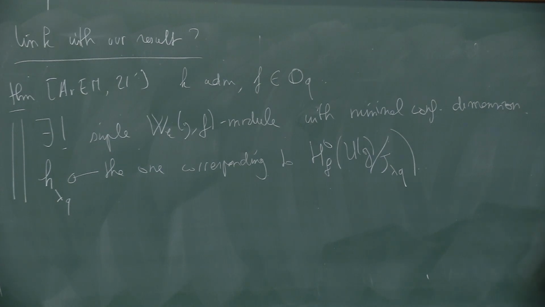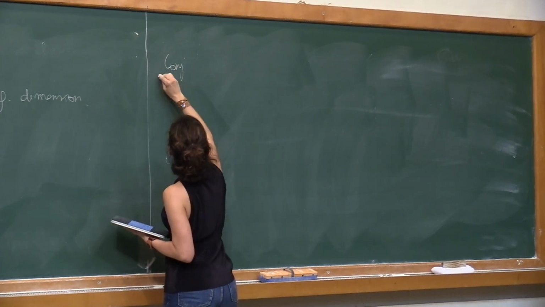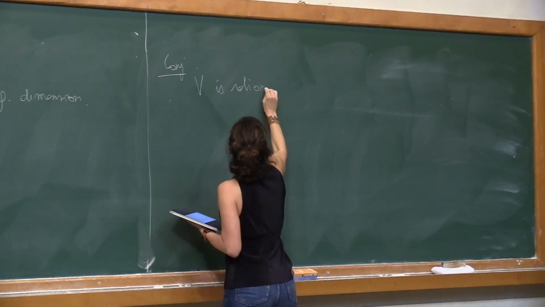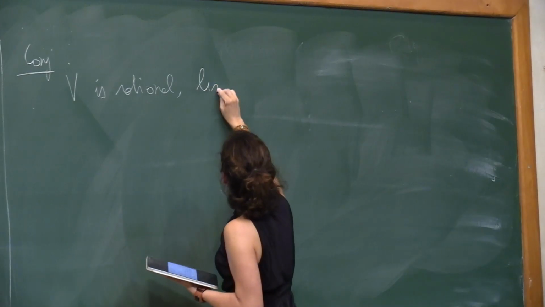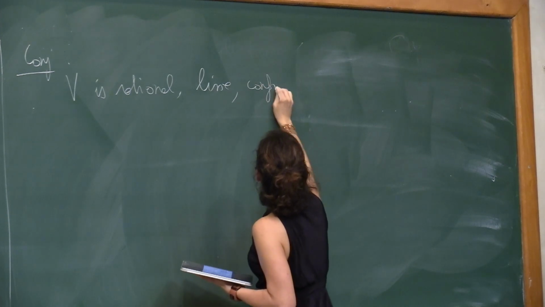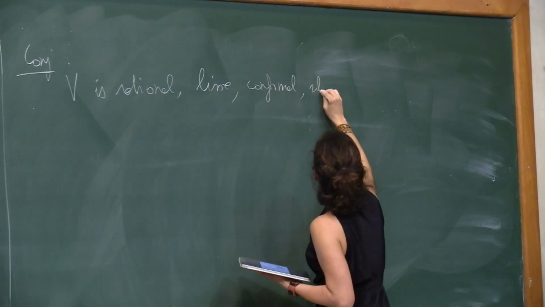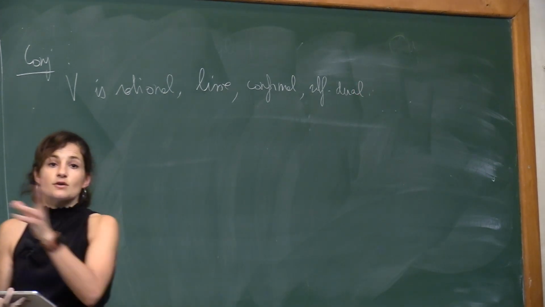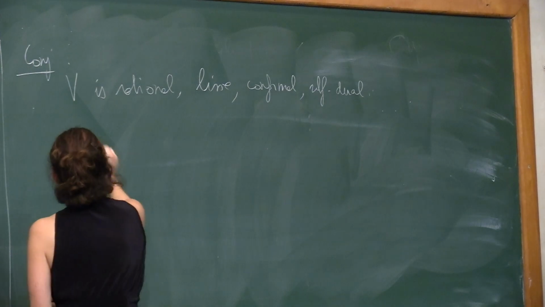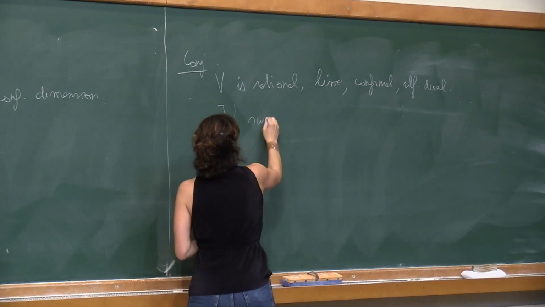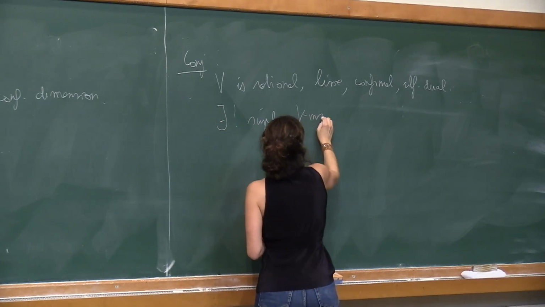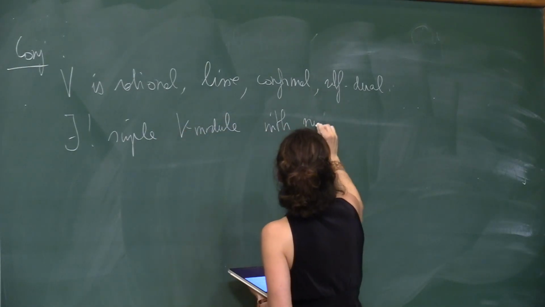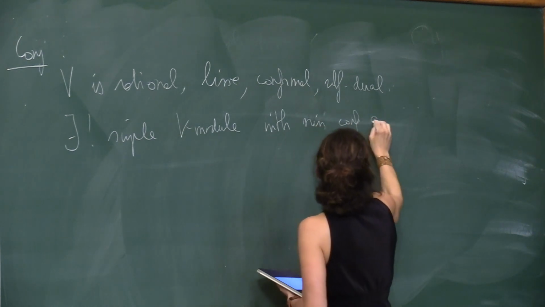So in fact, we have the more general conjecture that if V is rational, lisse, conformal, and self-dual, so you have a finite set of simple modules, and the conjecture says that there exists a unique simple V-module with minimal conformal dimension.